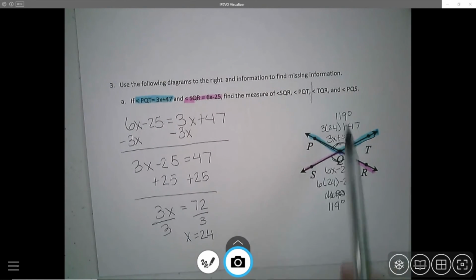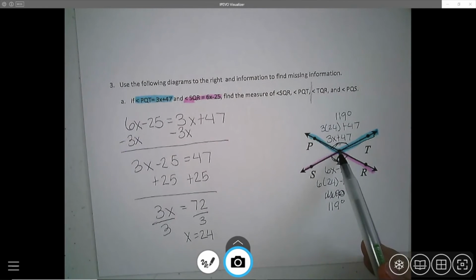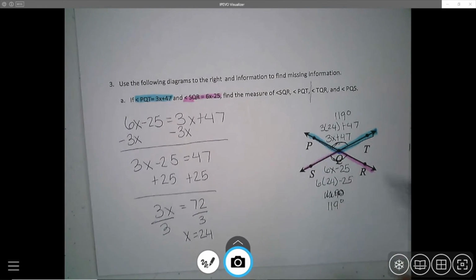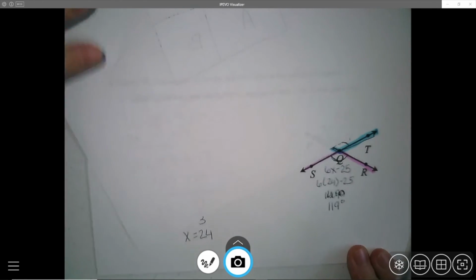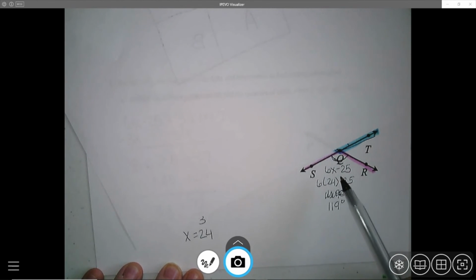Notice, these better be the same thing. They're vertical. They have to be congruent. So we got 119 for both. Now they ask me about TQR. Okay, if I have to, cover up. Okay, here's angle TQR and SQR. These angles form a straight line.